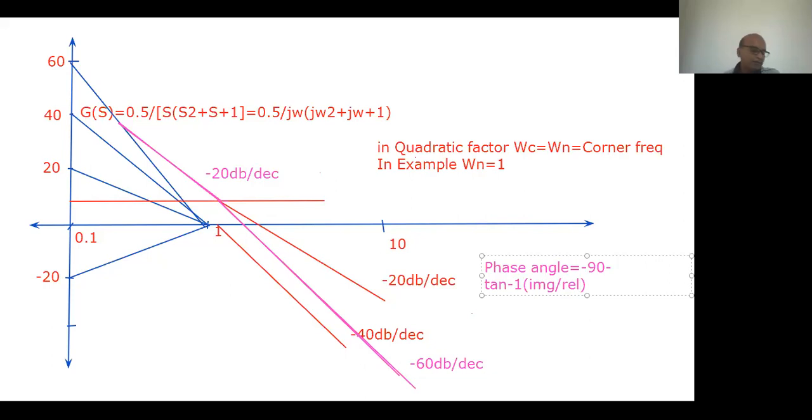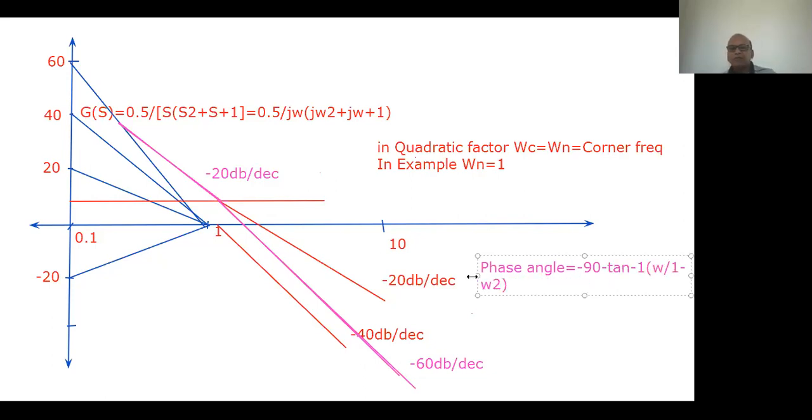Imaginary part equal to omega, that is omega divided by 1 minus omega square.